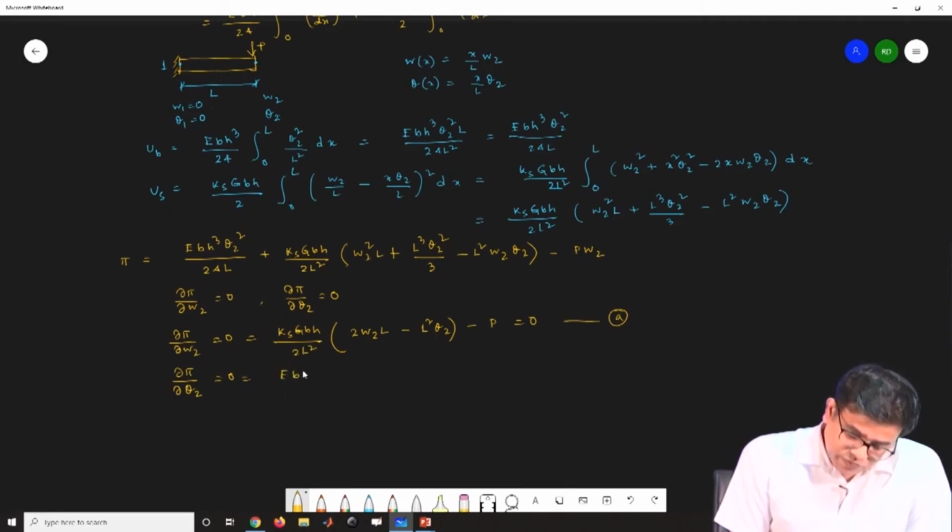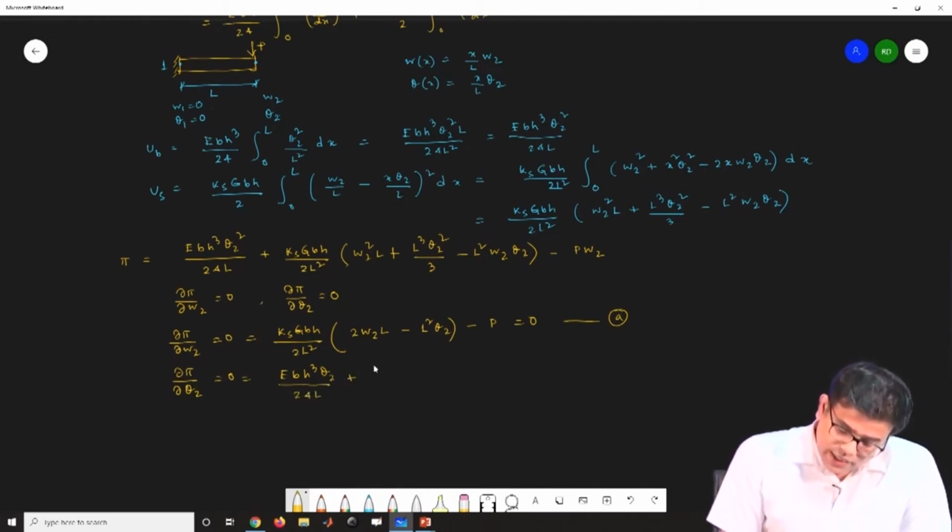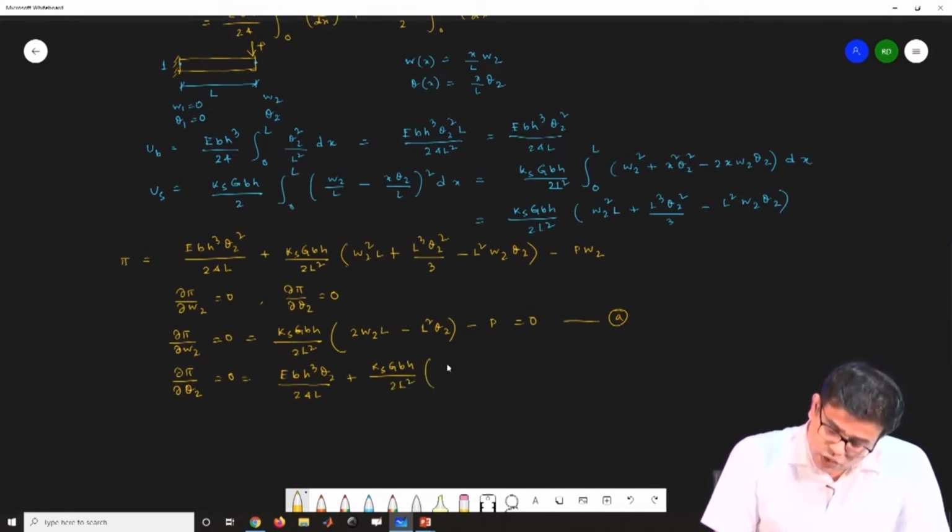Now similarly, if I do dπ/dθ2, then here you have EBH cube θ2 square. So θ2 square will be θ2 by 24L, right? And then here KsGBH by 2L square will be there, so 2/3 θ2 L cube minus L square W2, equals 0.